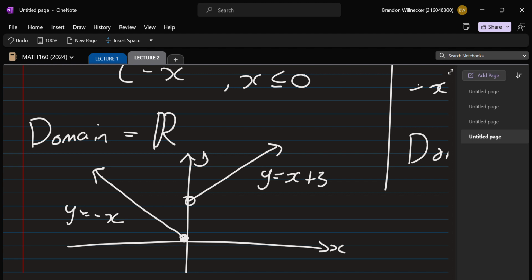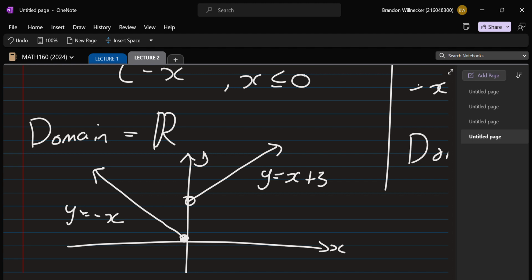Okay, so let's move up now from here and see which y values do we actually reach. So from here to here, we see that y equals x plus 3 contributes nothing to the range. At a half here, let's say there's a half there, we cannot reach that using x plus 3. Not going to happen. So this part contributes nothing to this part of the range.